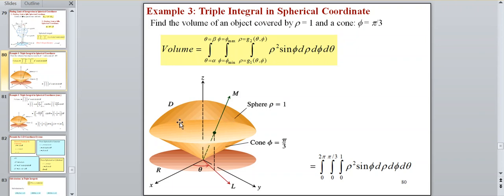Do you remember, if you want to find the volume of an object in three-dimensional space, let me just remind you, the volume will be the triple integral over D of dV, right?